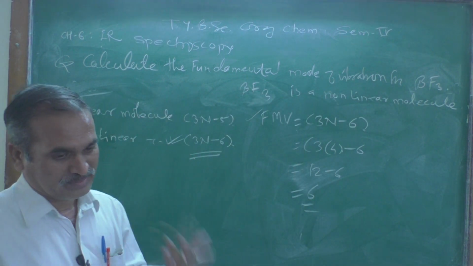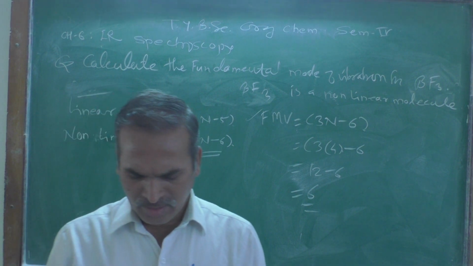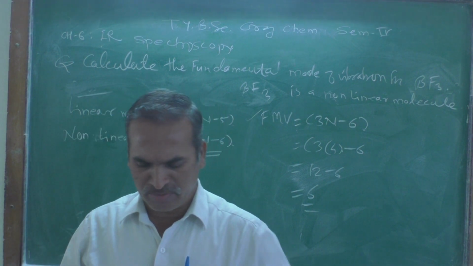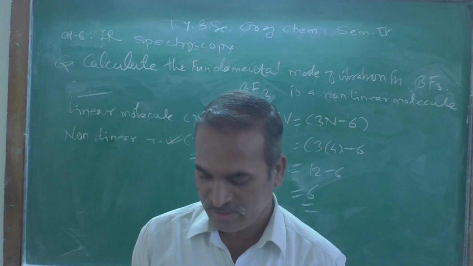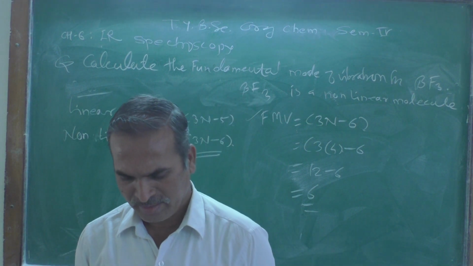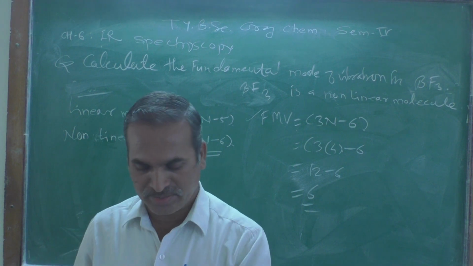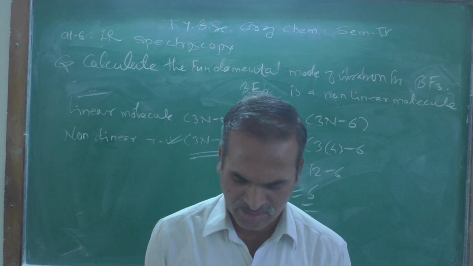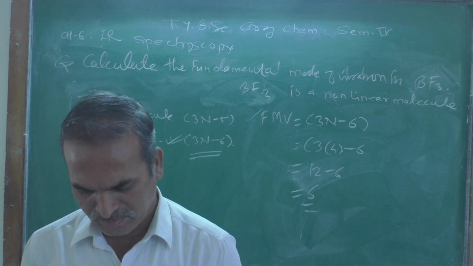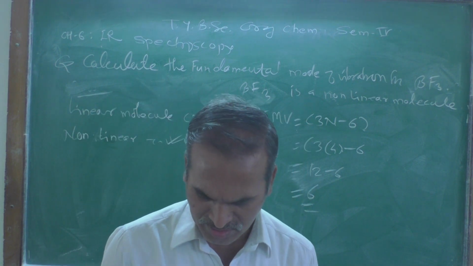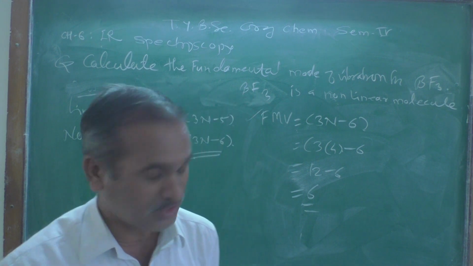Now the next question: how will you distinguish the following pairs by IR spectroscopy? There are a number of pairs given, such as CH3CH2C triple bond N and CH3CH2C triple bond CH.